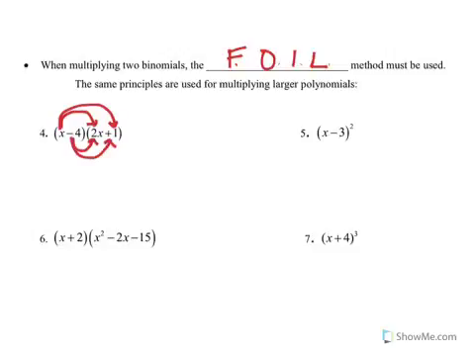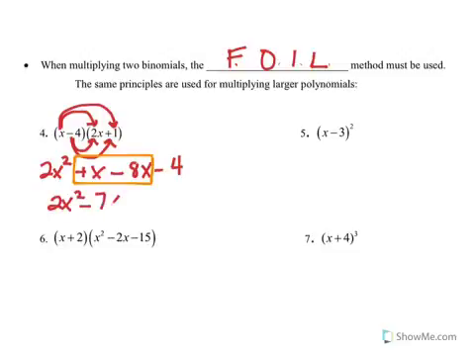This problem becomes 2x squared plus x minus 8x minus 4. And again, I have to make sure I combine like terms before I give my final answer. It would be 2x squared minus 7x minus 4.